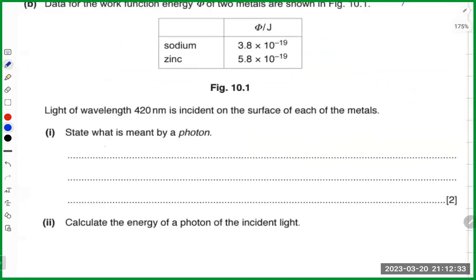Answer is: discrete quantum packet of electromagnetic energy is called photon.